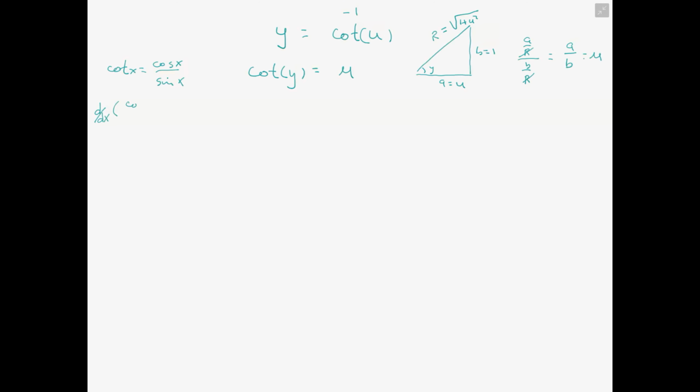So if we say d dx of cosine x on sine x, we have, just to save room, minus sine x on sine x plus cosine x times minus 1 times sine x squared cosine x.